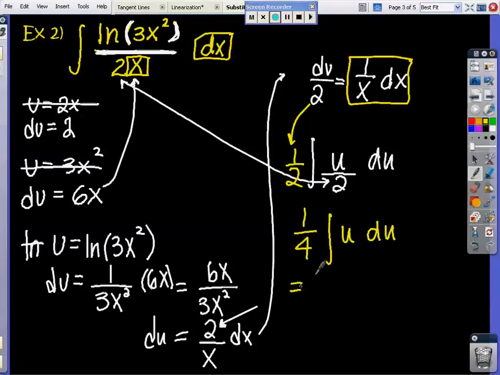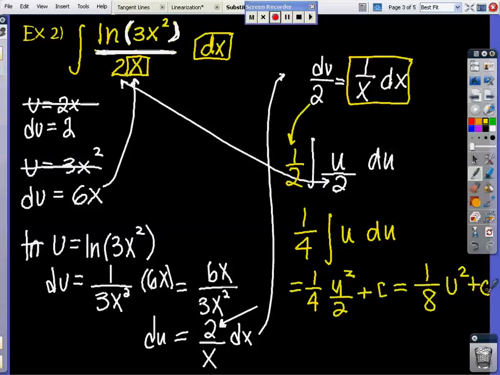So its integral would be 1/4 u squared divided by 2 plus c, and I end up with 1/8 u squared plus c. So the actual integral would be 1/8 ln squared of 3x squared plus c.